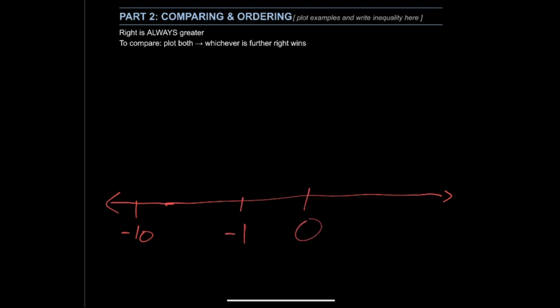Even though 10 is bigger than 1 when they're both positive, negative 10 is smaller than negative 1. When we're ordering numbers, think of it like temperatures. When it's negative 1 degrees Fahrenheit, that's hotter than if it were negative 10 degrees Fahrenheit. It's the same idea when you're comparing on the number line.